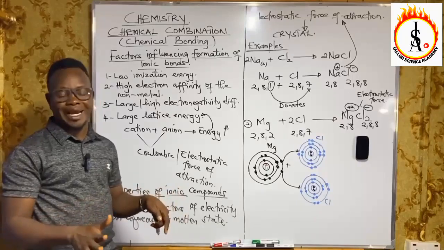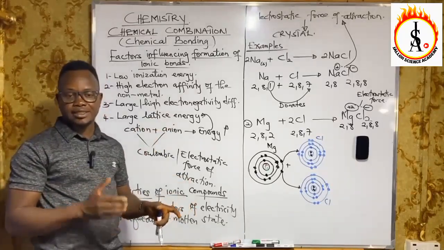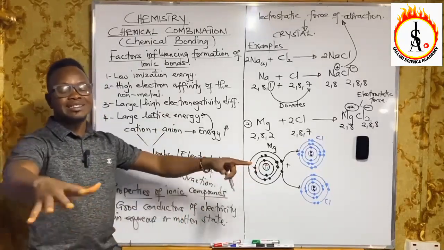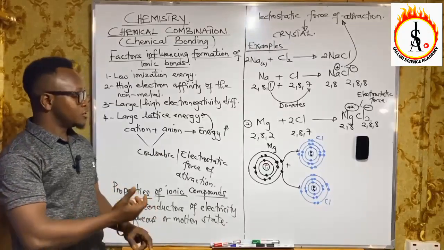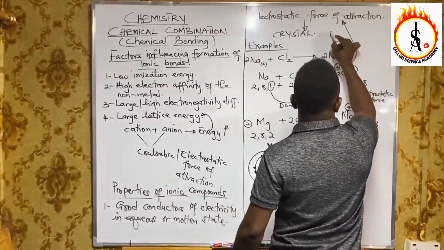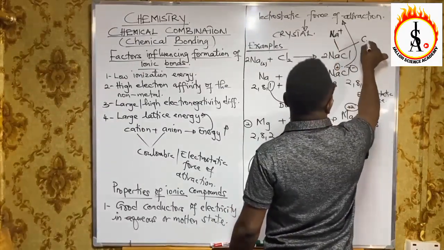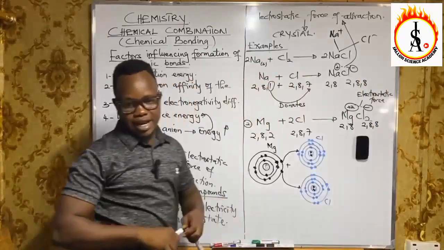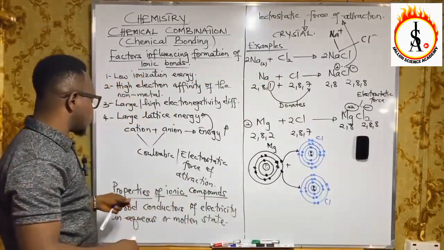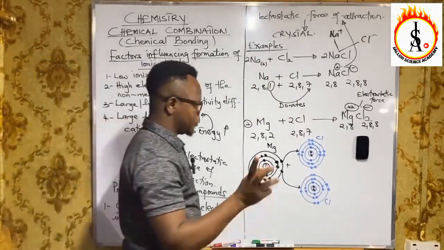So they are not mobile. But when in aqueous or molten state, that interionic force is broken down, releasing the species to be mobile. So you have sodium chloride breaking here into sodium ion, Na plus, and the chloride ion. So for this reason, ionic species conduct electricity in aqueous or molten state.